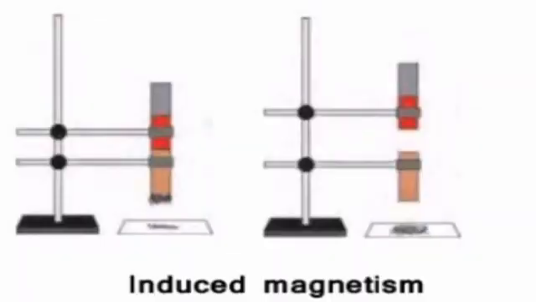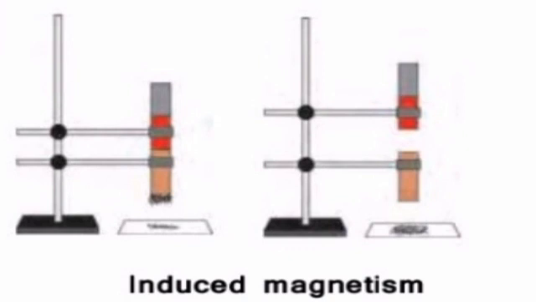Fix a powerful bar magnet to a stand as shown in the figure. Fix an iron bar at a short distance below the magnet. Now take iron filings near the iron bar. What do you see? After some time, take the magnet away. What happens now? We'll see that iron filings stick to the iron bar when the magnet is near it and fall off as soon as the magnet is taken away.